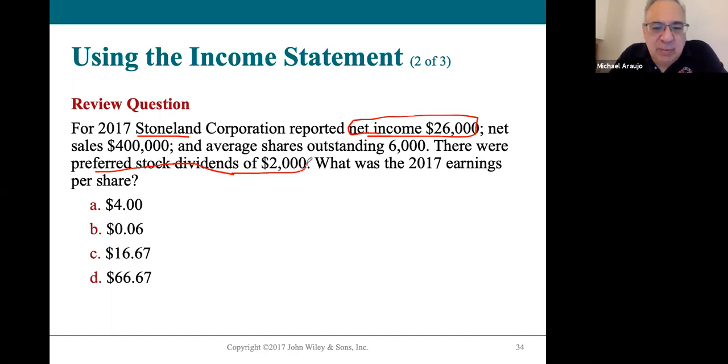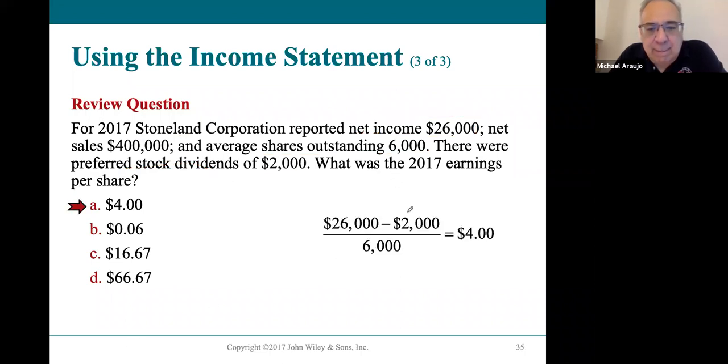They paid preferred dividends of $2,000, and they have 6,000 shareholders. So, if you were a shareholder, what amount of the profit would be yours per share? Well, again, it's net income minus preferred dividends, which, like I said, in 93% of the cases is zero, divided by the shares. And that meant that if the profit was divided up among all the shareholders, each share would get $4 of the profit, earnings per share.